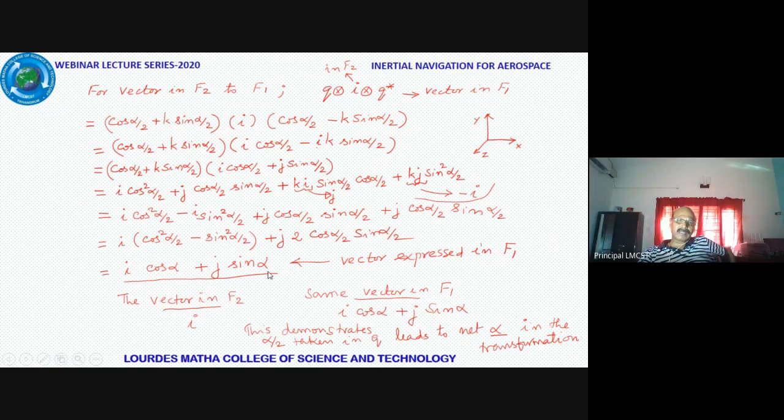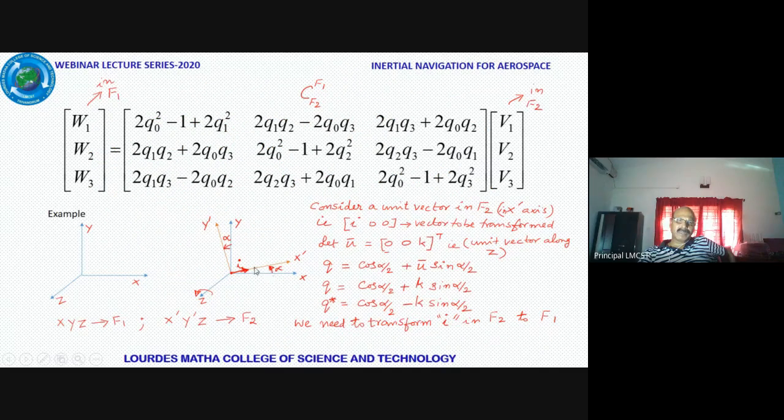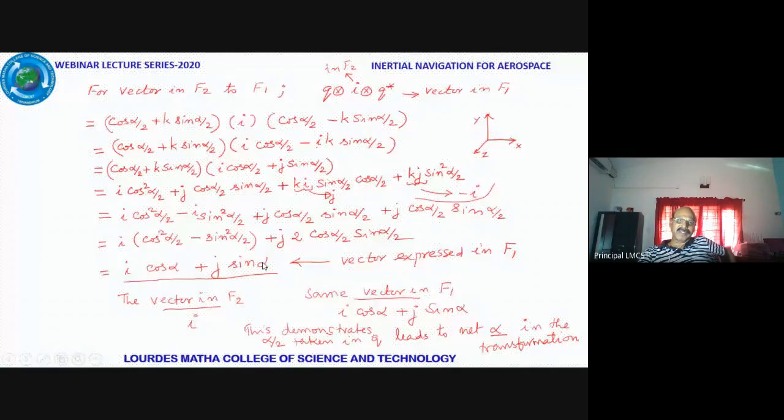Then you may ask, sir, this is a very simple problem. You want to represent in this frame and then take in this frame; simply, you could have taken it like this. Yes, you could have done that. But I am utilizing that simple example to demonstrate the formula which is used to transform using a quaternion. So the vector in F2 is I, the same vector in F1 is I cos alpha, j sin alpha.